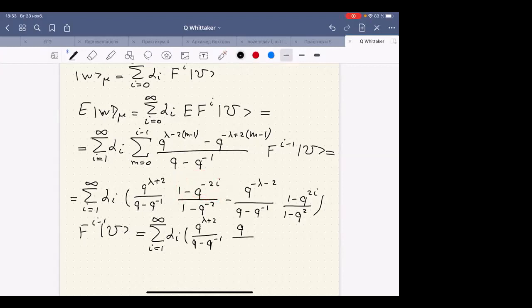Thus, I want to, and here we'll have q^i minus q^-i. Oh, this is very difficult, sorry. q minus q^-1. Is it good, Vanya? So I just want this to be a q number. Okay, great.